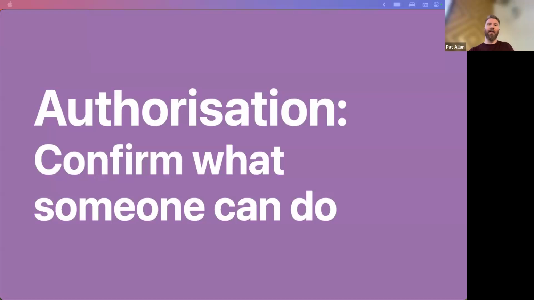But authorization is checking whether someone has access to do certain things. What role do they have or permissions do they have? So there's a distinction between me being logged into a site, authentication, and me having admin access to manage other people's accounts. That would require authorization.